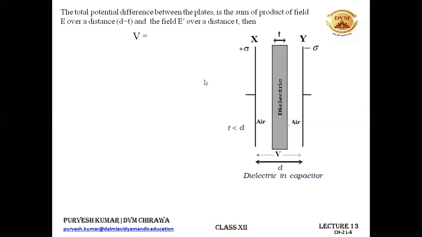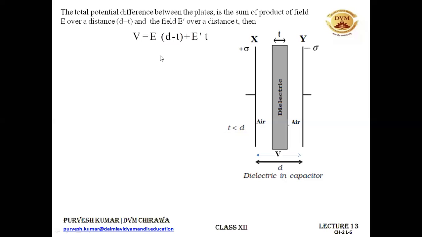So I can write that this V, the complete potential difference, is equal to the electric field acting over a distance d minus t. This E is the electric field acting in vacuum or air, over a distance d minus t. And E dash is the electric field acting in the dielectric slab over a distance t. So this potential difference is the sum of two potentials: one because of the electric field in the air, and the other because of the electric field in the dielectric slab.